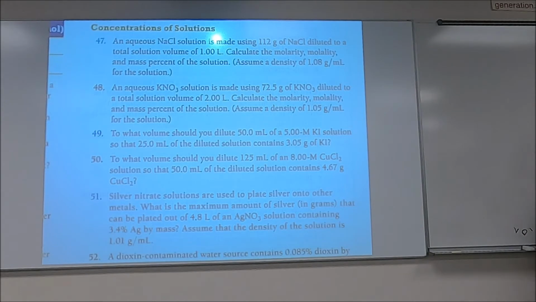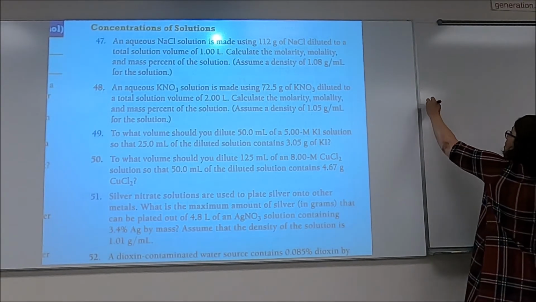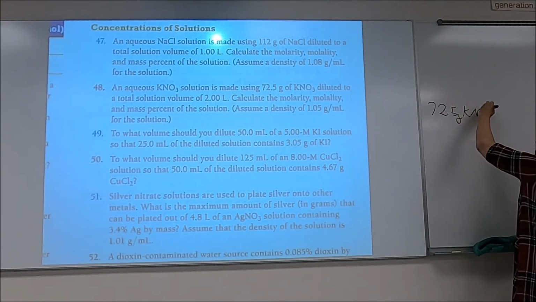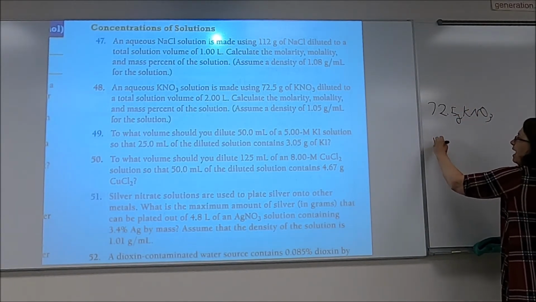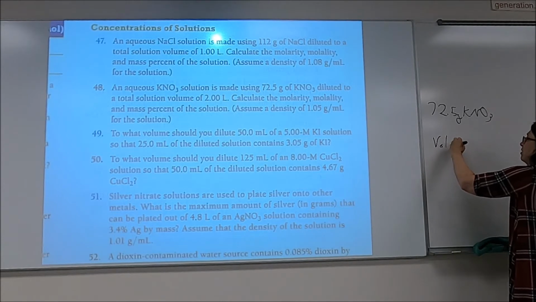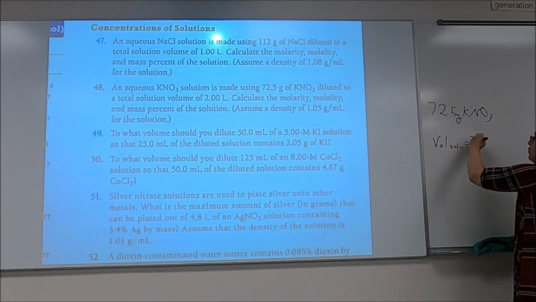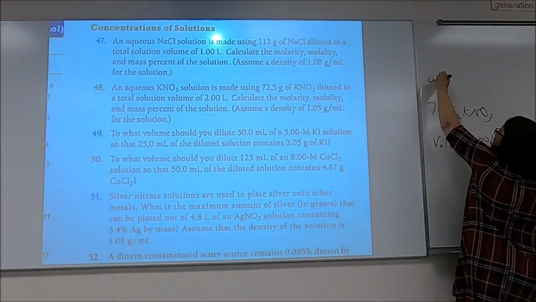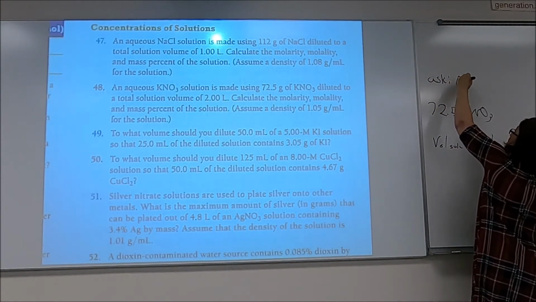Molarity is the only one we're going to worry about right now. I know that I've got 72.5 grams of potassium nitrate and a volume of solution of 2.00 liters. And we're asked for molarity.